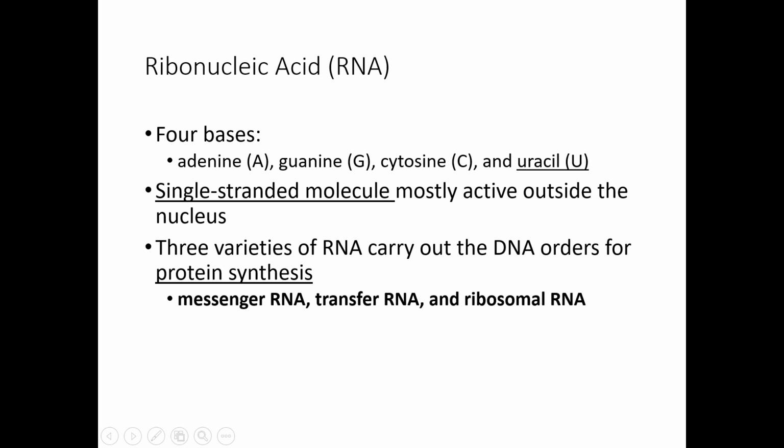So, single-stranded molecule, mostly active outside of the nucleus, and there are several types of RNA. Most important 3 varieties carry out the DNA orders for protein synthesis. That would be messenger RNA, transfer RNA, and ribosomal RNA. To give you a better idea how it works, remember, proteins are made inside of the cell by ribosomes.